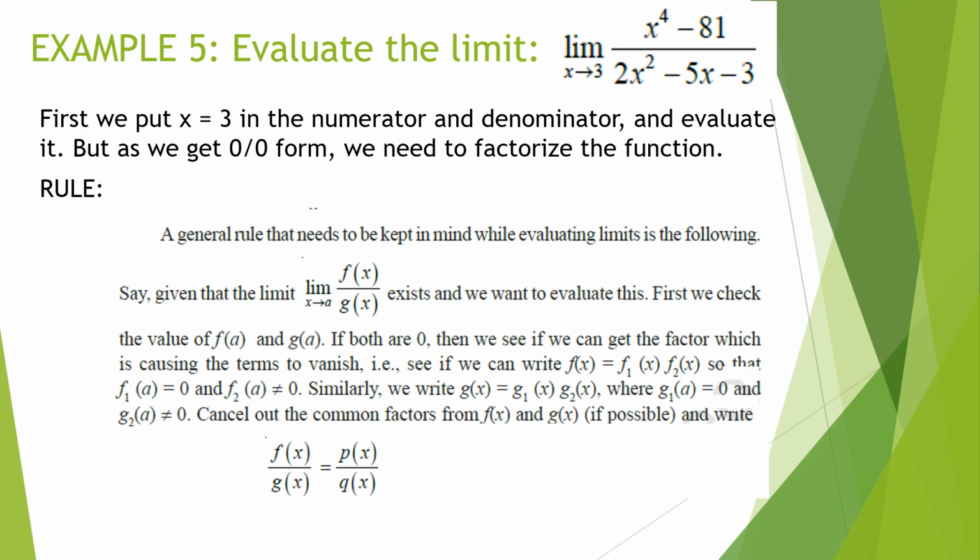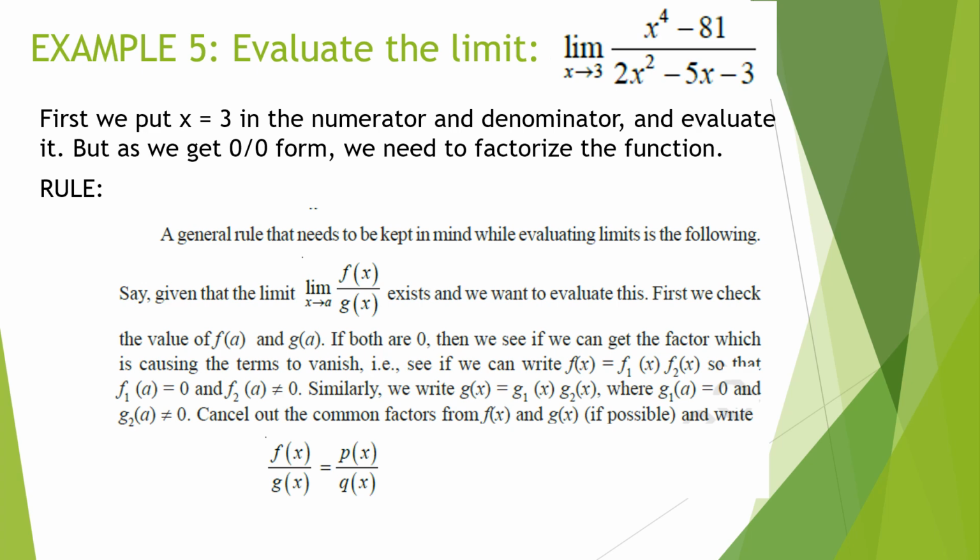Then we first put the value of x as a in both the functions, and if we get the limit, it is okay. But if we get it in the form of 0 by 0, then we need to factorize the function further. We will not accept it as it is. So for each of these types of examples, if we get the limit in 0 by 0 form, then we will further factorize it.